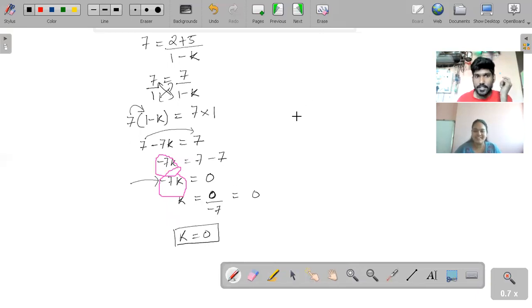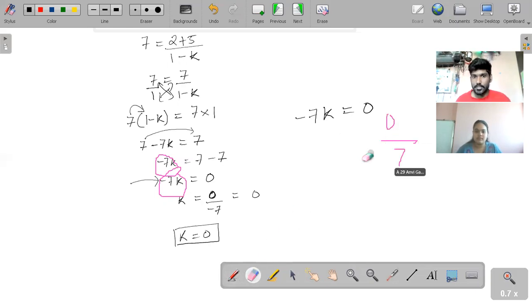So your question is that since we had minus 7k equal to 0 here, when we took 7 to the other side, it had to become positive. Now I understood the question.